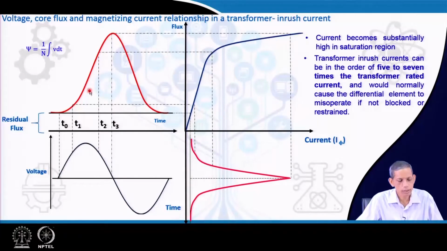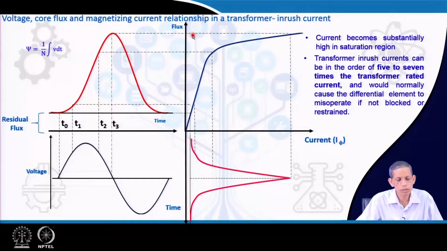So, what we see is that because of the shifting of this curve because of the residual flux, it goes to the saturation region of the so-called BH curve, or the flux versus I phi, and that results in the I phi current being of this shape and a substantially high current because it is going into the saturation region.